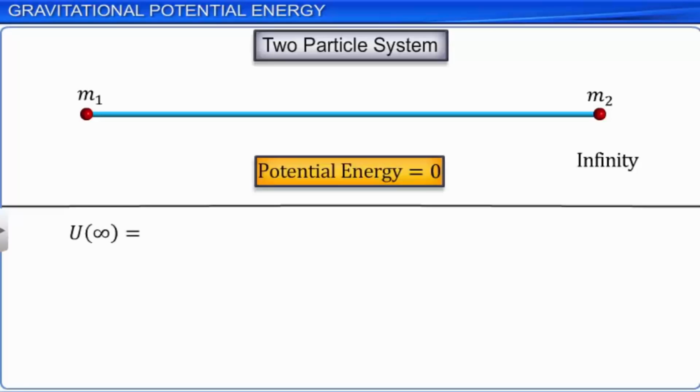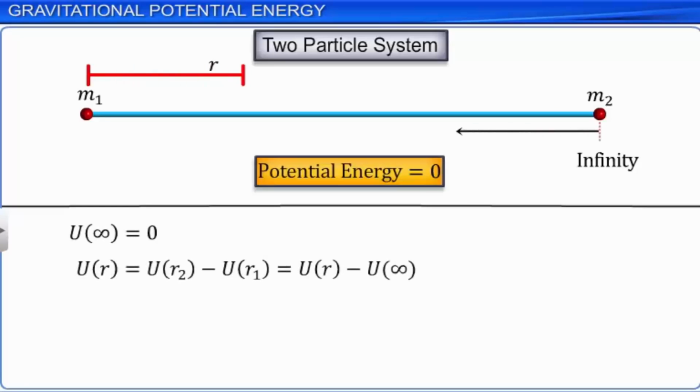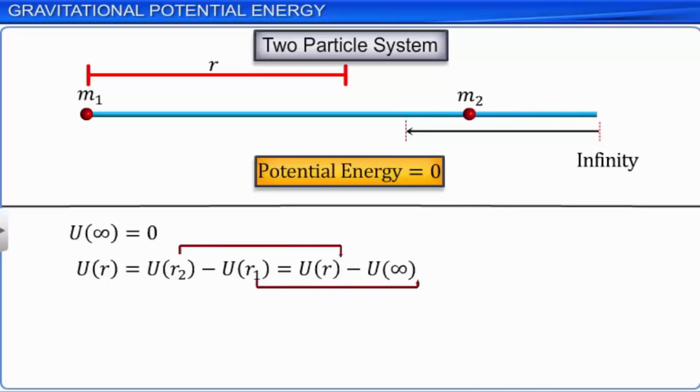By applying this to the two-particle system considered, we bring the second particle from infinity close to the first particle. Here, U(r) is equal to U(r2) minus U(r1), which is equal to U(r) minus U(infinity). As U(infinity) is 0, the same expression can be written as U(r) is equal to U(r) minus 0.